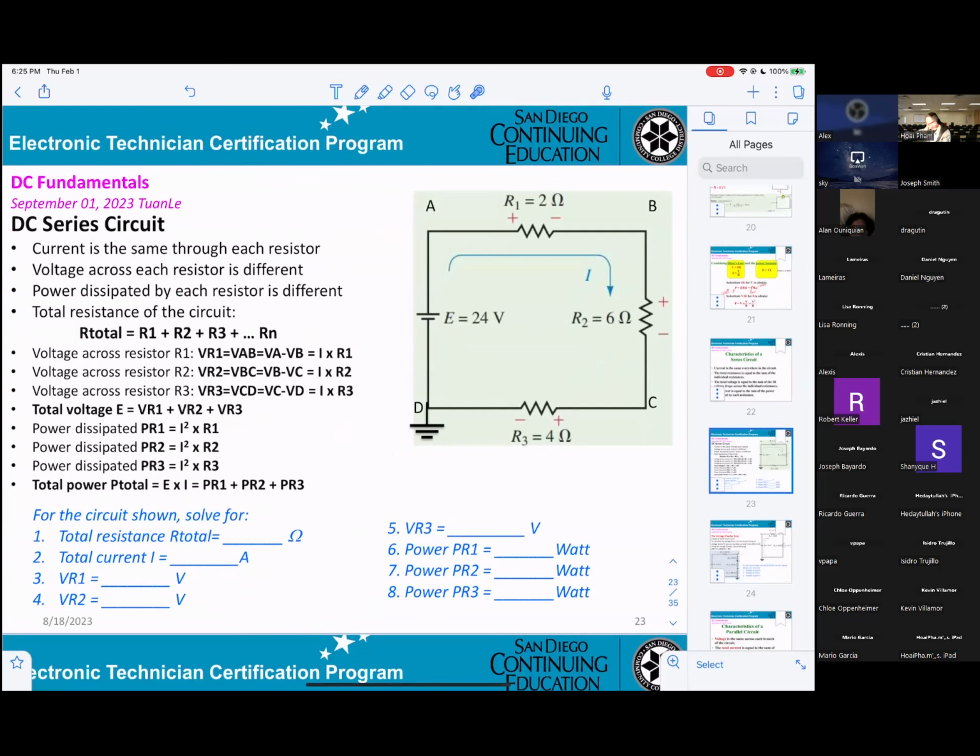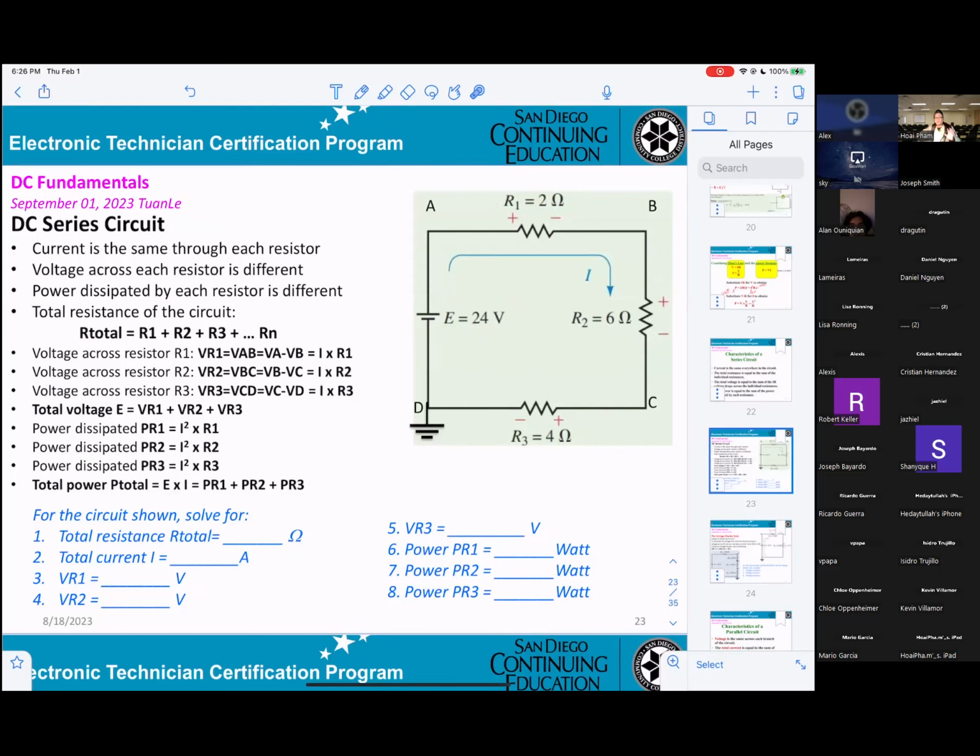You can see one here, 1, 2, 3. The first one will be 2 ohm. The next one 6 ohm. And the last one 4 ohm. The power supply will be 24 volt.